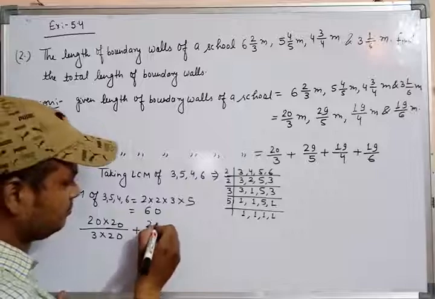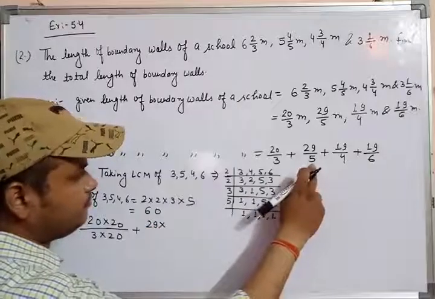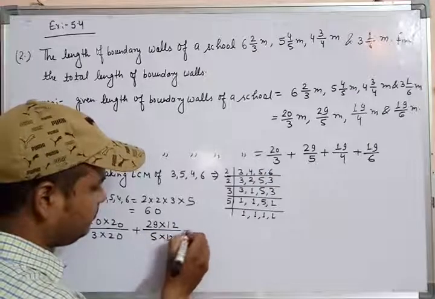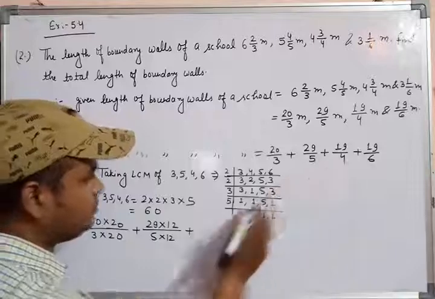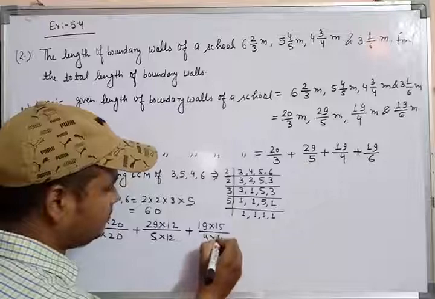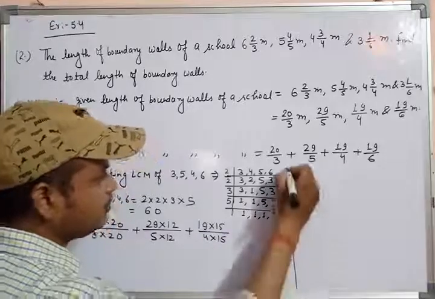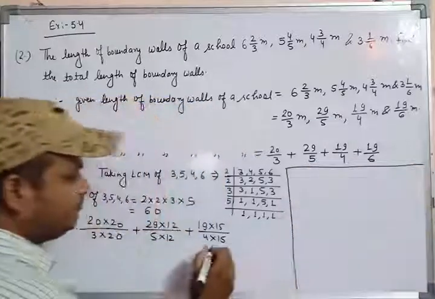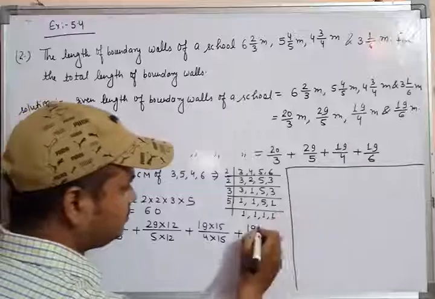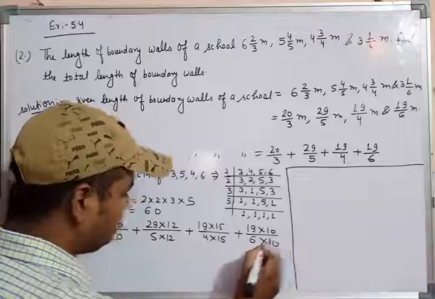Plus 29/5: 12 fives are 60, so we have to multiply by 12. And here 15 fours are 60, so we have to multiply by 15. And lastly 6 tens are 60, so we have to multiply both the numerator and denominator by 10.